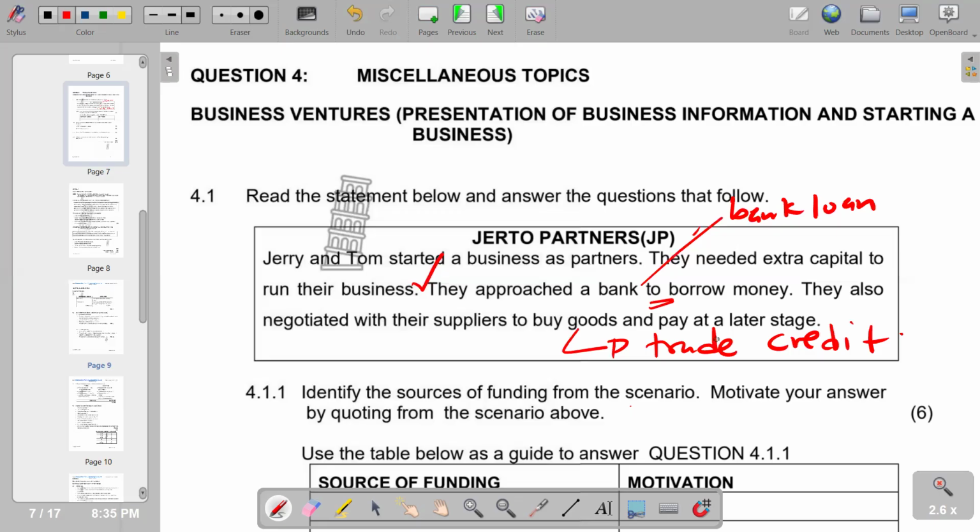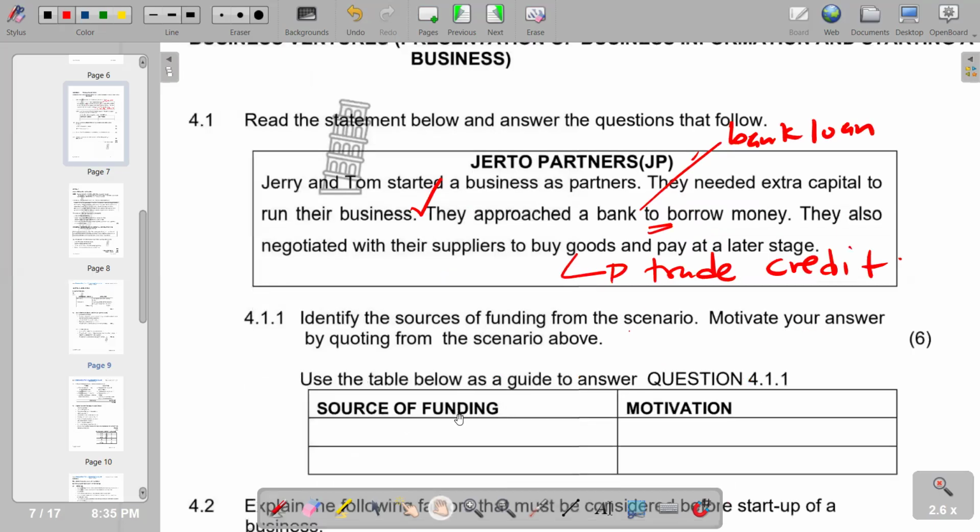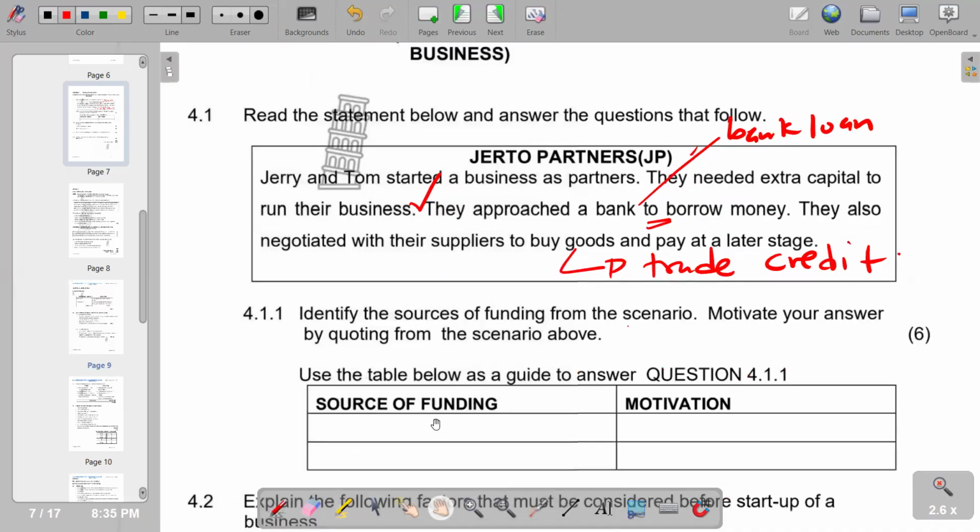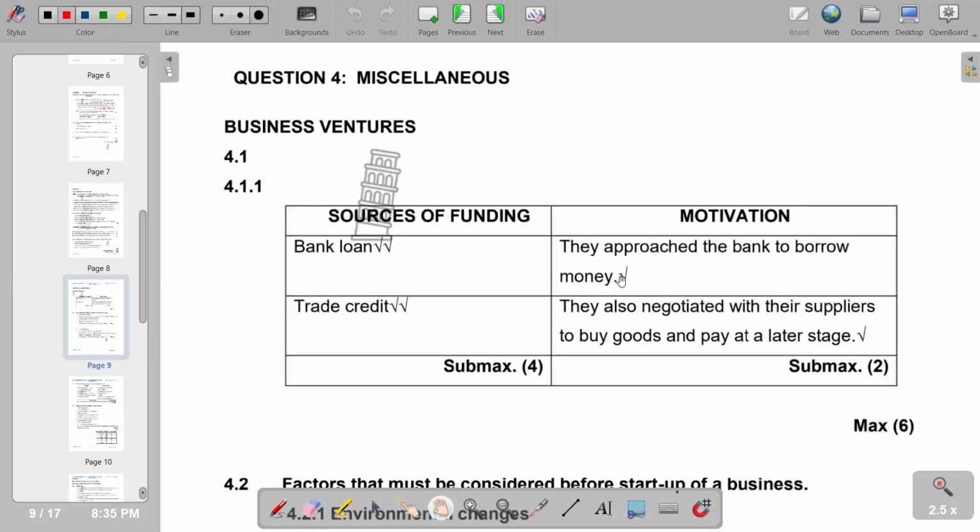So these are the sources of funding that we have. We are supposed to present it in this form. You can say bank loan on the first part, and then on motivation, you quote the sentence they approach the bank to borrow money, and then you go to trade credit, and you also quote the sentence that we have there. So basically, in this form is how you can come up with your response to that.